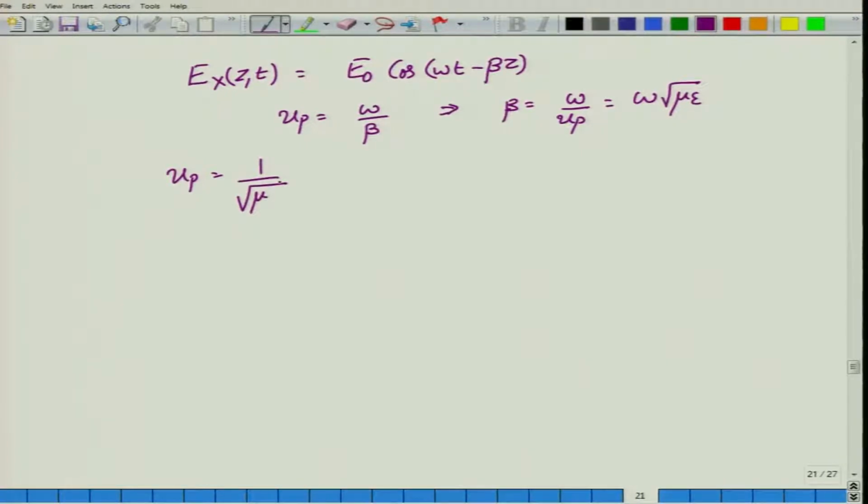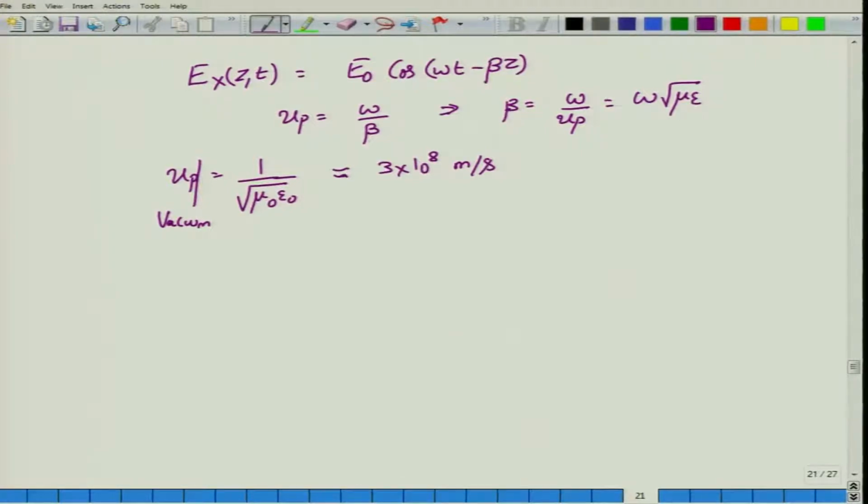For the case of a vacuum this becomes 1 by square root of mu naught epsilon naught, and if you plug in the values of mu naught and epsilon naught, this turns out to be approximately 3 into 10 to the power 8 meter per second.